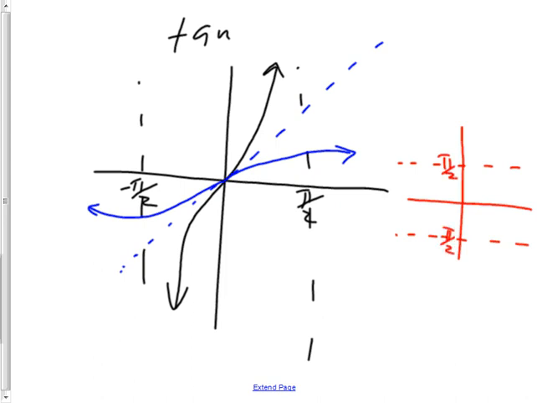This is a positive pi over 2 here, just in the middle of the asymptote line. Then it's running this way. There's your graph of inverse tangent. Now, we could give it a token label of 1 and negative 1 here, although we've never really cared much about where exactly they were.